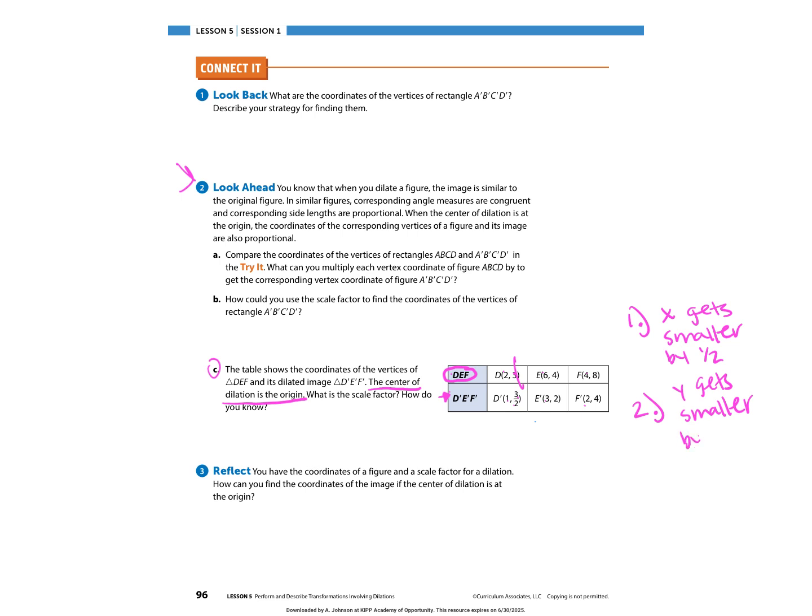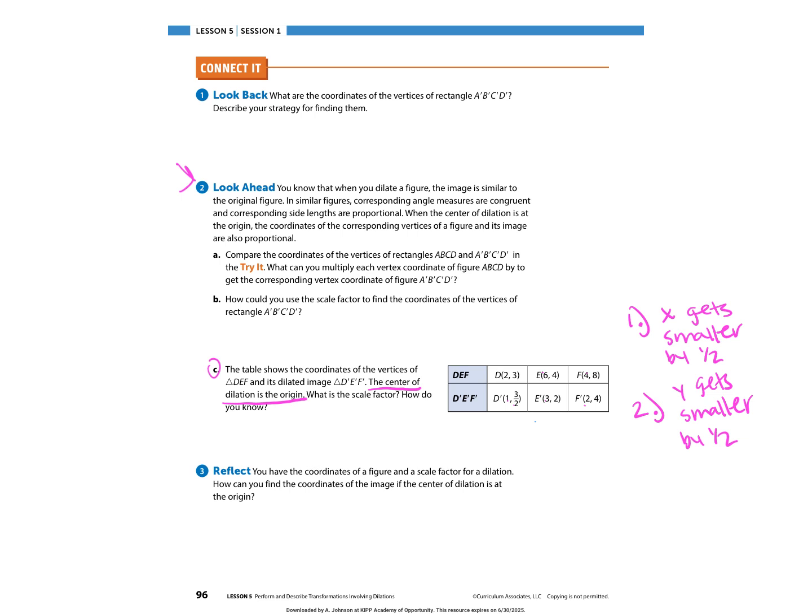So y gets smaller by half. It's half the size. Okay, so I'm guessing that this 3/2, I mean, if you take 3 and cut it in half, it's 3/2. So it should be half, but I don't even have to deal with that fraction right now. Let's move on. So I think my scale factor is 1/2.